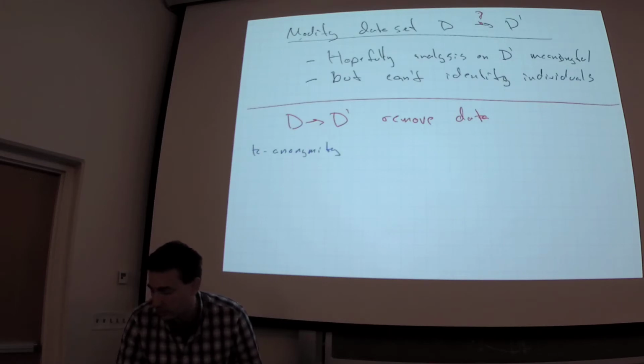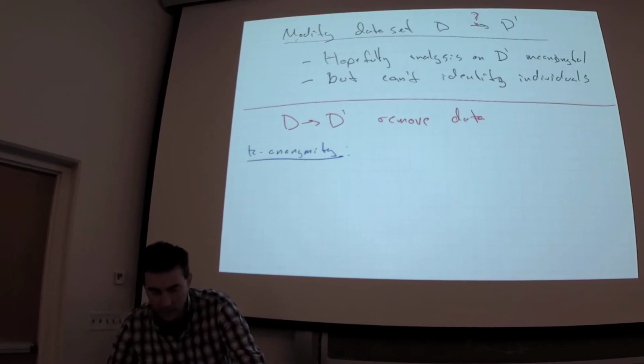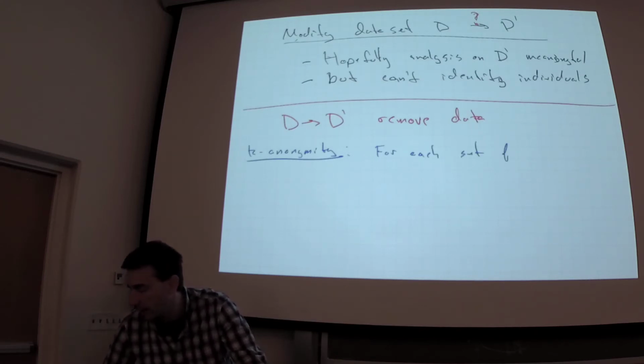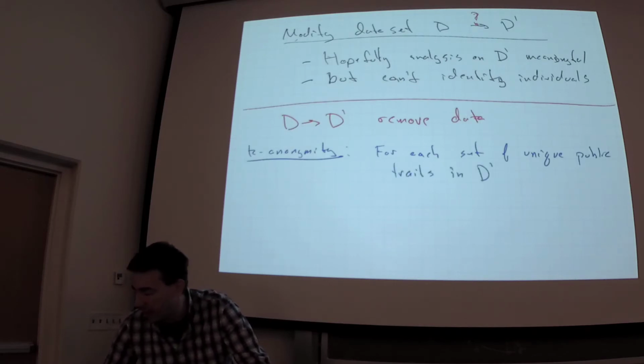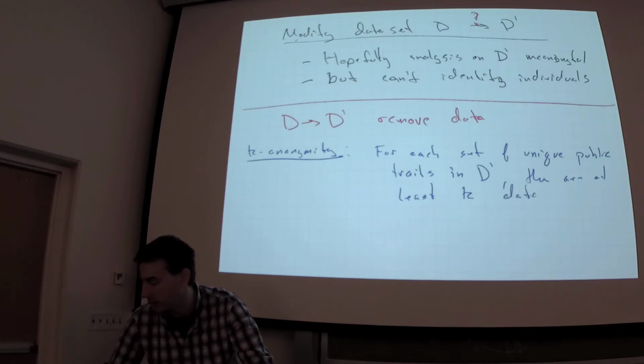So the first approach to this was called k-anonymity. The idea here was that for each set of unique public traits in D prime, there are at least k data points.